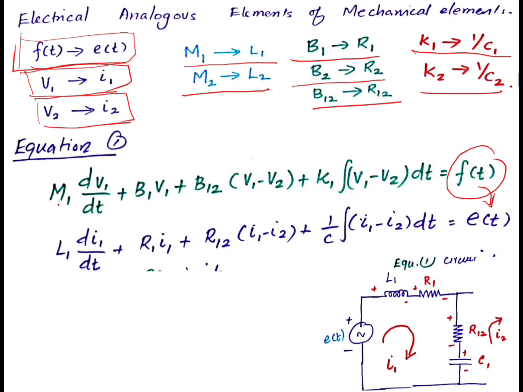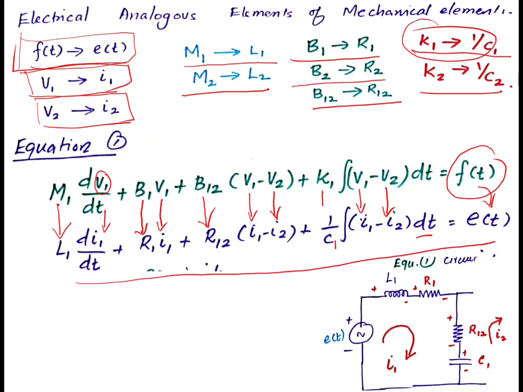Then M1 is equal to L1, dV1 by dt becomes dI1 by dt, plus B1 is equivalent to R1, V1 is equivalent to I1, plus B12 is equivalent to R12, with V1 as I1 and V2 as I2. K1 is equal to 1 by C1, so 1 by C1 integration of I1 minus I2 in dt.